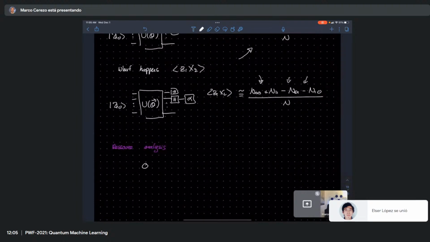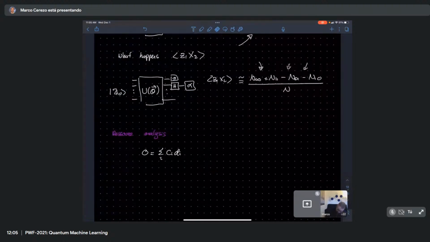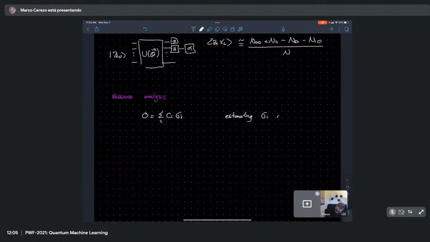So we said that O is going to be a summation over i of c_i sigma_i. We knew that estimating sigma_i requires a circuit with maybe some change of bases.